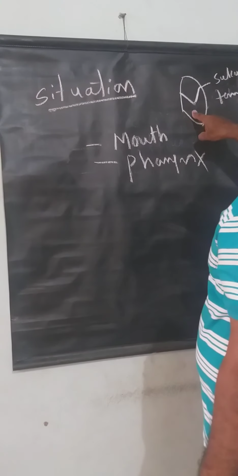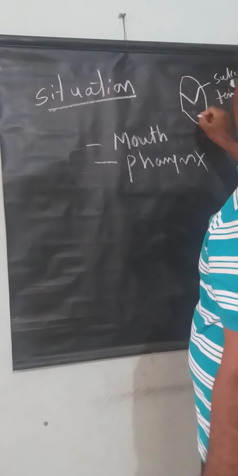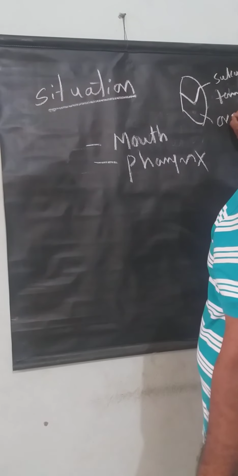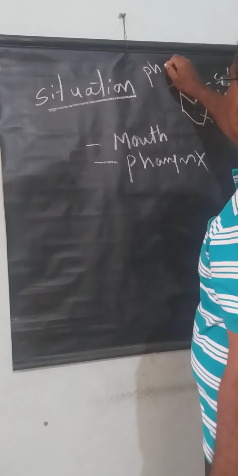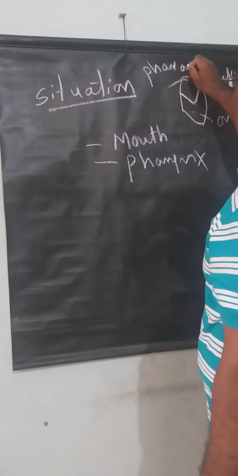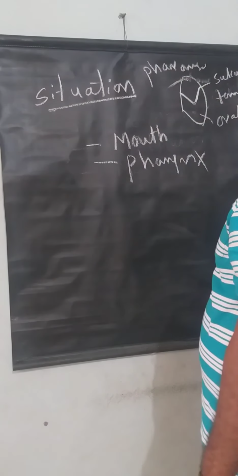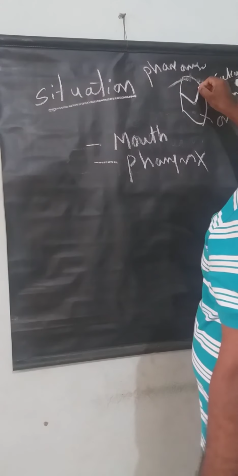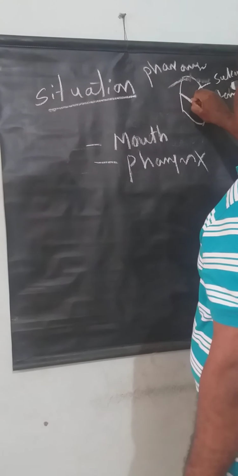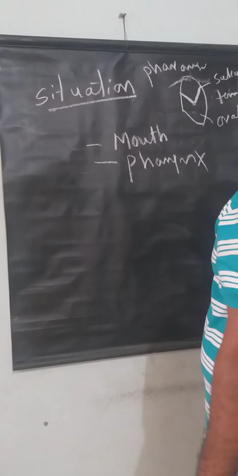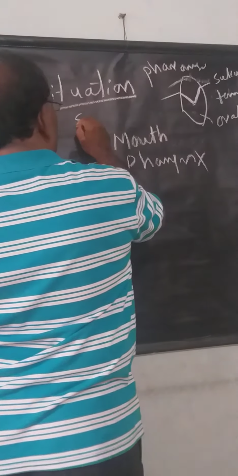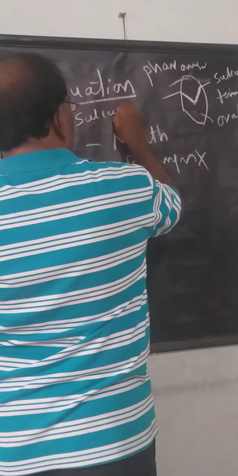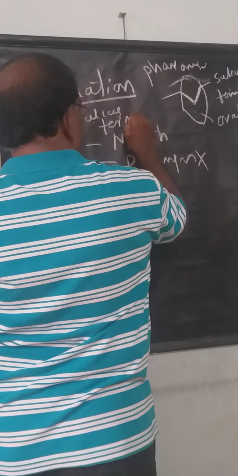This is the oral part and this is the pharyngeal part. These both are separated by a demarcation, a prominent sulcus called the sulcus terminalis.